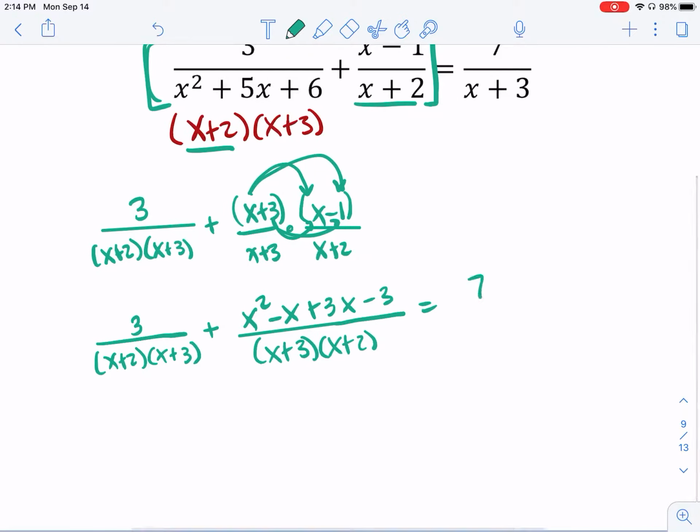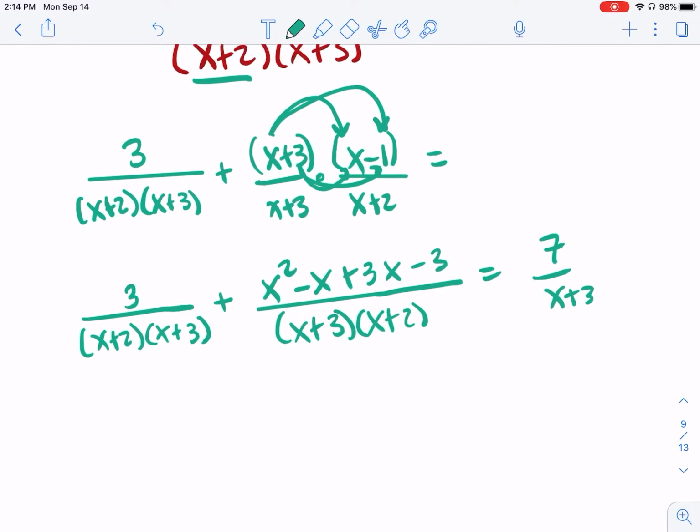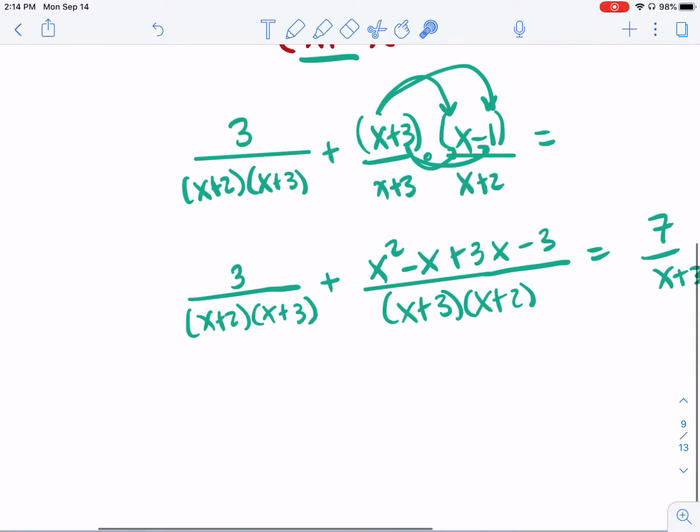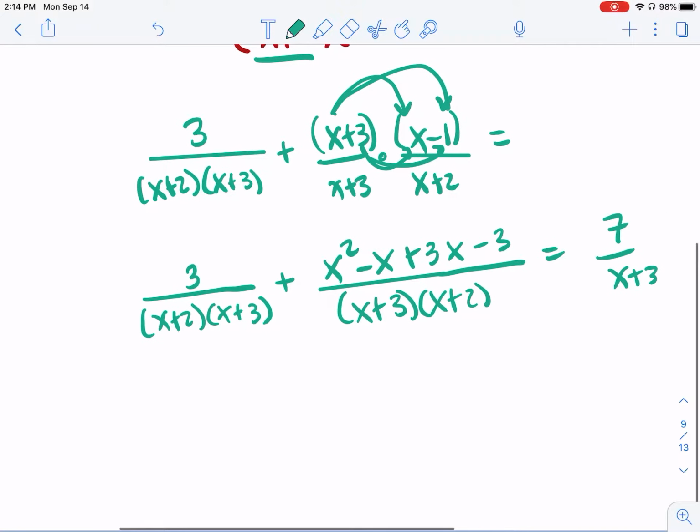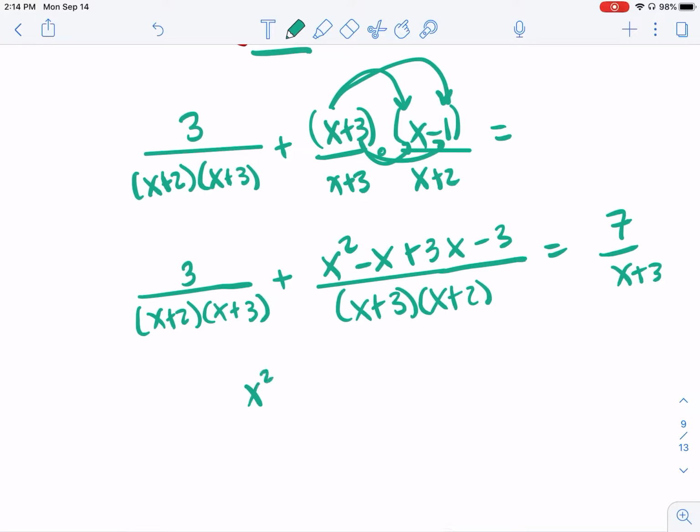Do not forget that this is actually set equal to 7 over x plus 3. Now that they have the same denominator, I can go ahead and combine my like terms. X squared is by itself. -x plus 3x gives me 2x. And then I have 3 minus 3, well that's 0, so I don't actually need to write that.